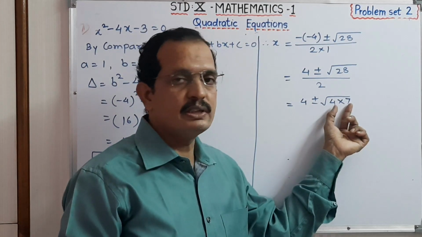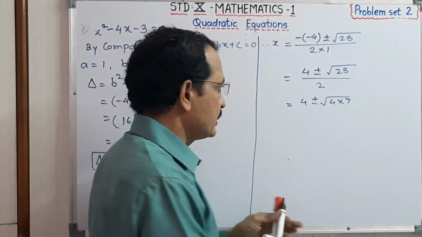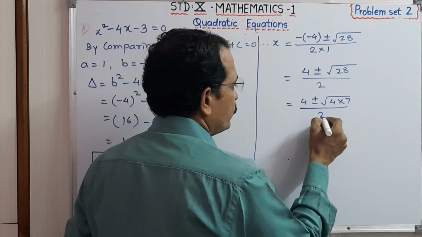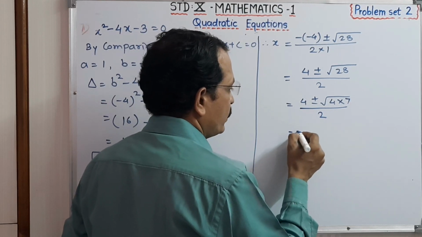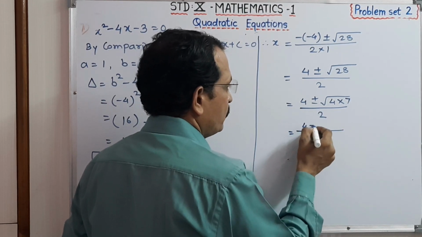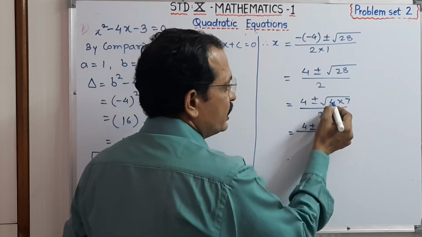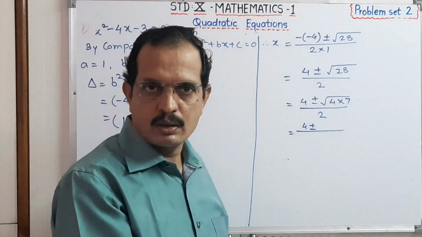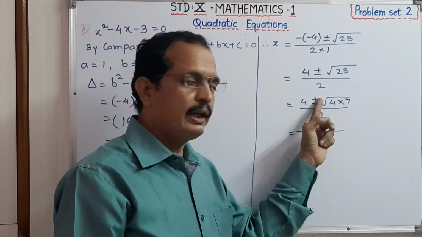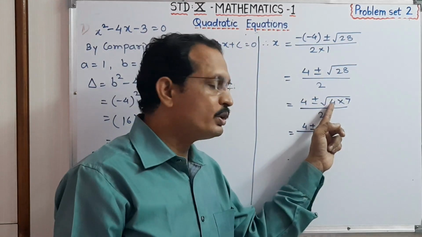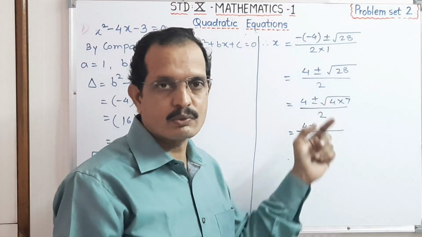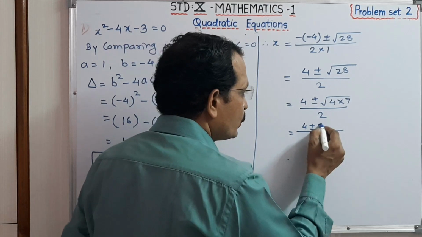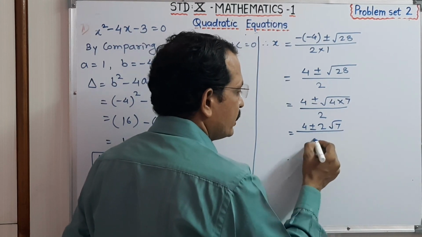Therefore we choose these factors, 4 into 7 upon 2. Now here we got 4 plus minus this 4 we can take out of radical sign. That means we can take out the square root of this 4, and square root of 4 is a 2 root 7 upon 2.